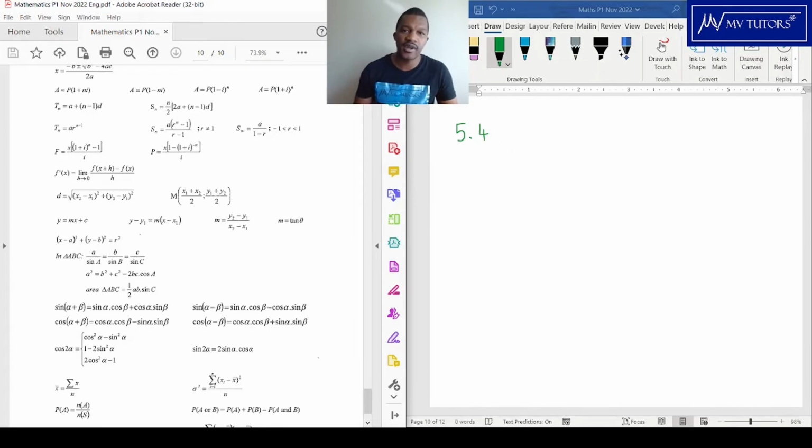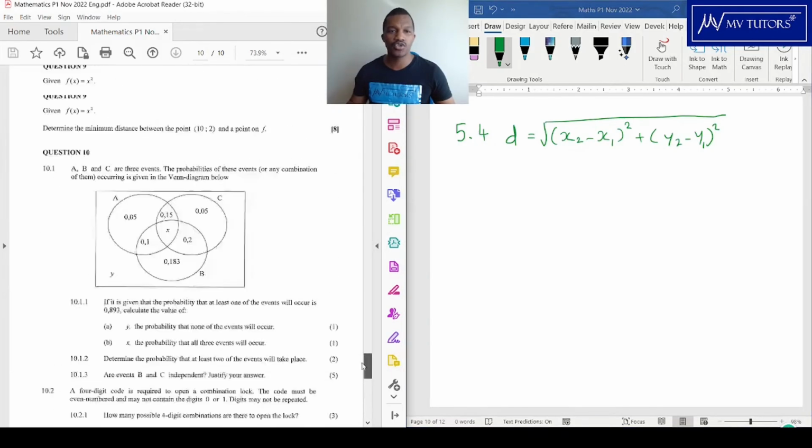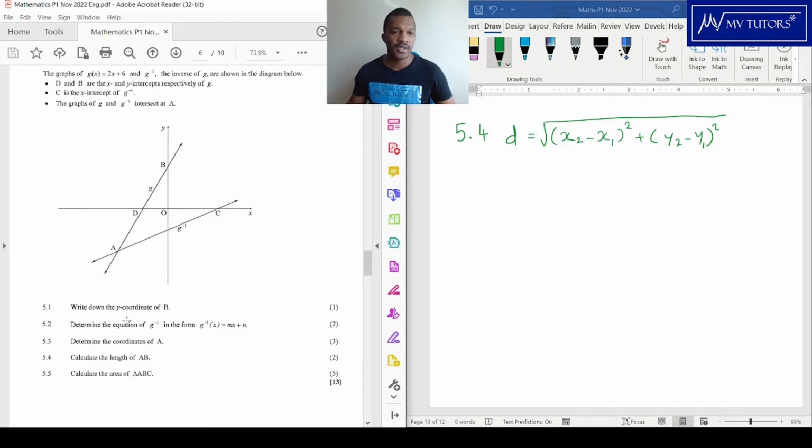So I'm just going to write it exactly as it is first, the distance formula. You have x2 minus x1, close the bracket, square it, plus y2 minus y1, close the bracket, squared, and all this is under a square root. Okay, now back to our question.